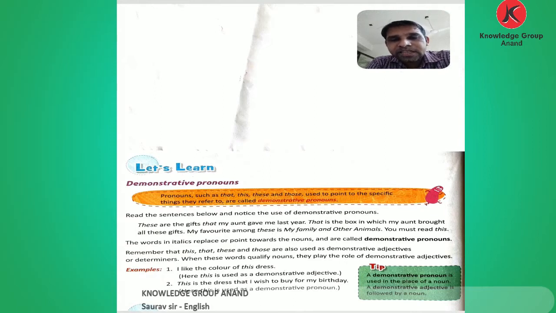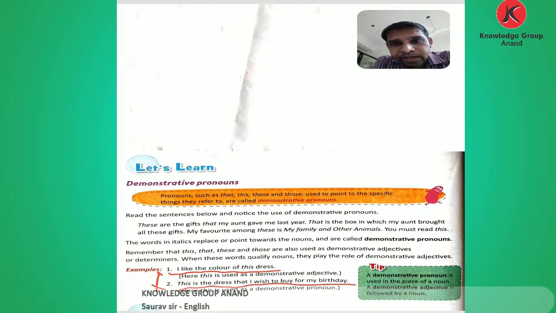How? See the example. Here are two examples. I like the color of this dress. And the second example: this is the dress that I wish to buy for my birthday. How do we identify whether this, that, these and those are used as demonstrative pronouns or as demonstrative adjectives?